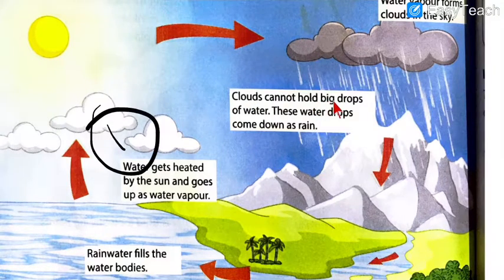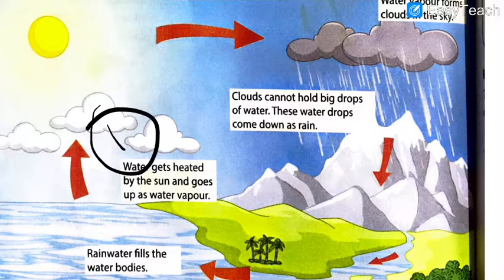This is the reason why at some places on the earth snowfall can be seen, and in some places water in the form of rainfall can be seen. The rainwater or the snow fills the seas, rivers, ponds and lakes, and the cycle continues. So this is what happens.